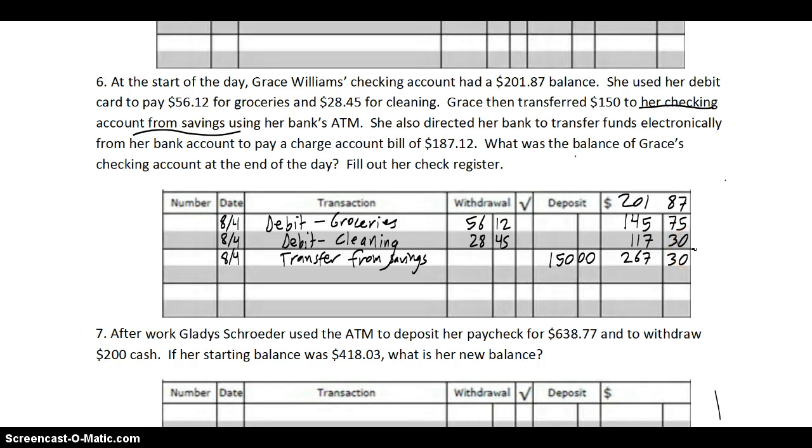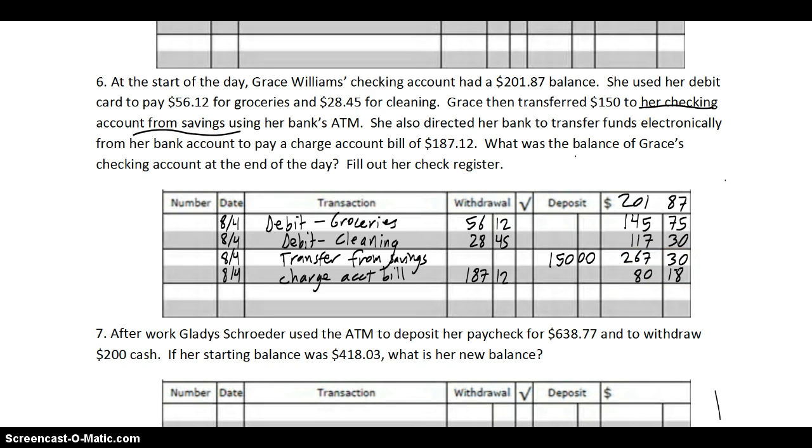She has to pay a charge account bill of $187.12. Notice, if she had done it at $117.30, she would have been in the hole almost $70. So we are glad she put that extra $150 in. When you subtract $267.30 minus $187.12, you get a new balance of $80.18, and everything is good with her bank account.